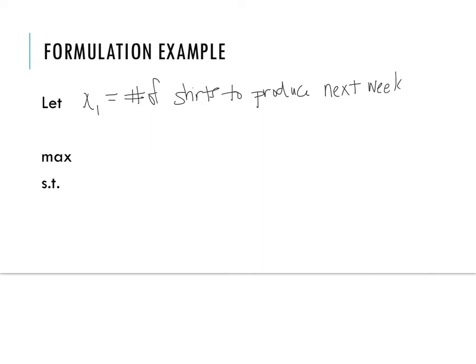Because our hours of sewing and cutting were given to us for next week. So we can't make any decisions past that. And then we have x2 is the number of pajamas to produce next week.